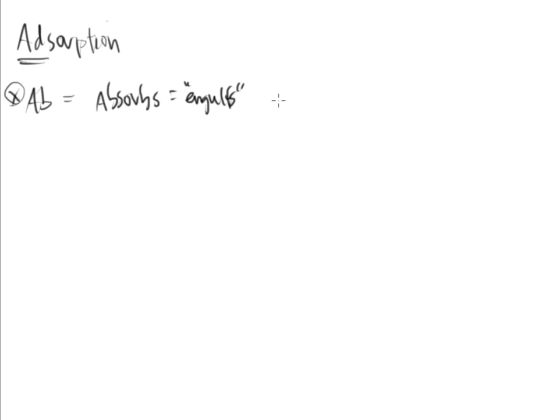So imagine this big flat blob that's here and a tiny little molecule out here to the side. So if absorption takes place, what happens is that that little molecule will kind of get near the big fat blob and in it goes. All right.